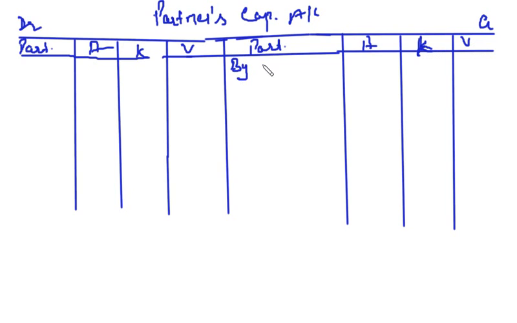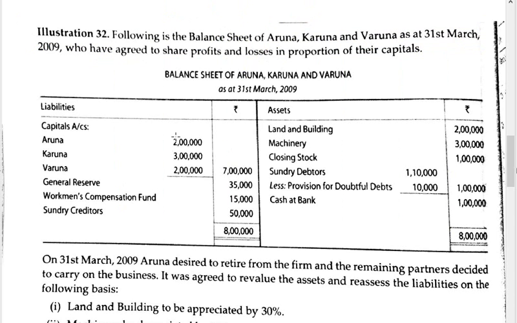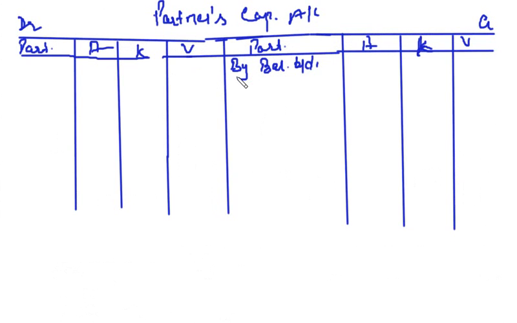First of all, by balance brought down. What is the existing balance of capitals? 2 lakh, 3 lakh and 2 lakh. I'll write this down. I'll say 2 lakh, 3 lakh and 2 lakh. Clear?